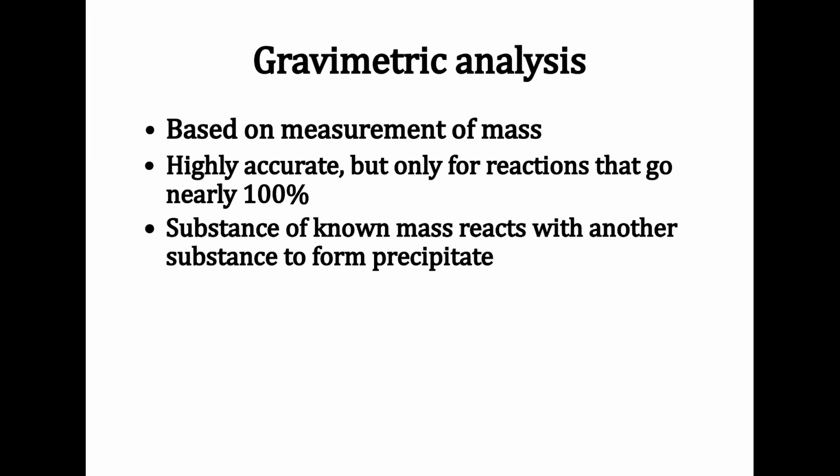Whenever we look at gravimetric analysis, this is based on a measurement of mass. This is really an accurate method, but it's only really good if your reaction goes to 100%. If it doesn't go 100% and you don't really have a way of knowing at this level how much is unreacted, so you have to know the mass that you're putting in and then be able to accurately measure the mass that you're getting out to form the precipitate.